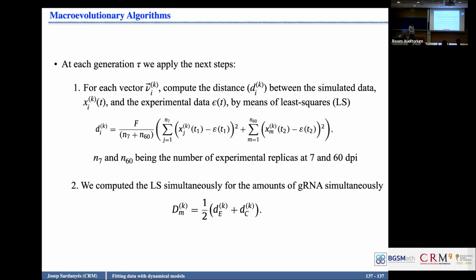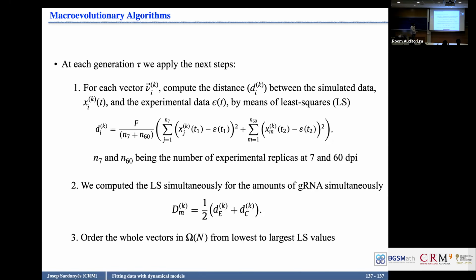And then here, I am doing the same that I explained for the simulated annealing. For the case of mixed infections, I am computing using a Pareto function with the distance for the two time series that are at the same time point and have the two variables. This is only for the mixed infections.